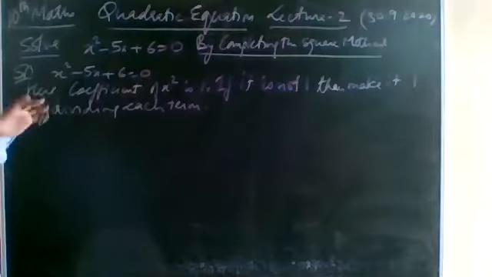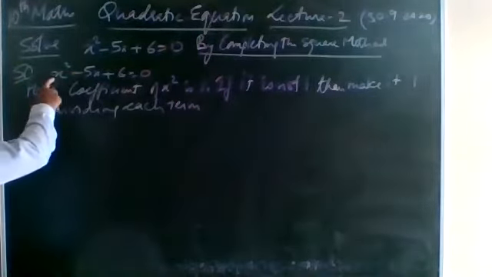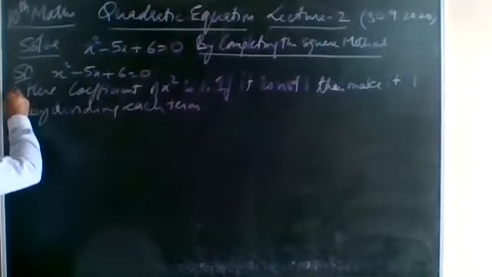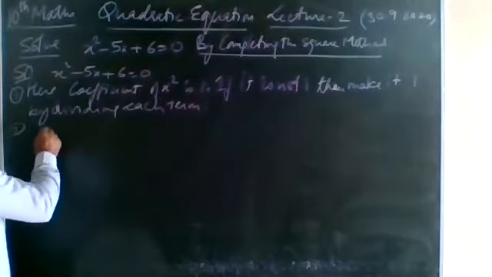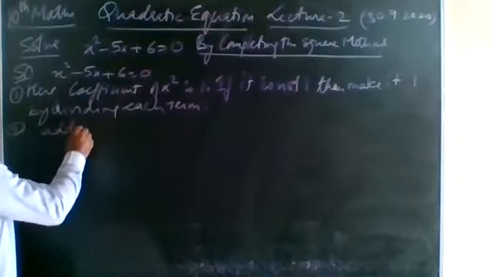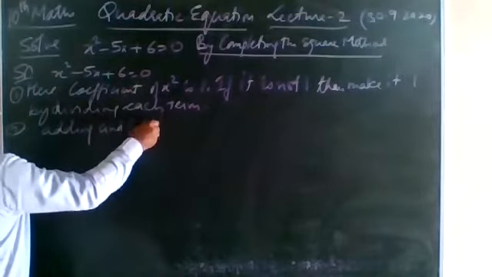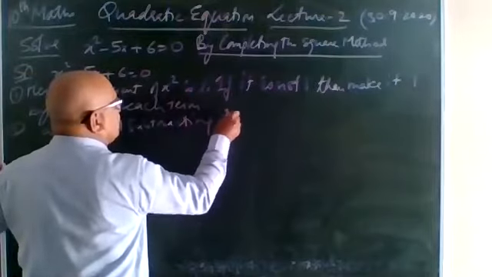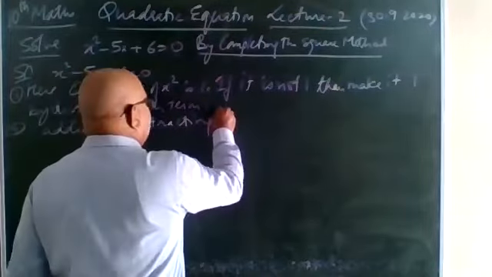Now my method is this. After the coefficient of x square is 1, no need to divide. First step done. Second step, adding and subtracting b square. This you have to remember. Now find the value of b.